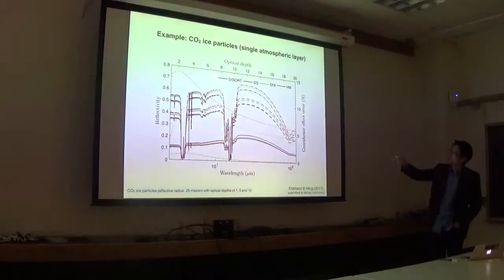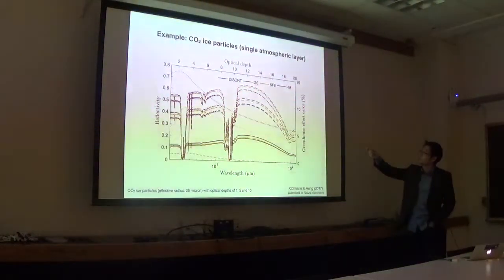The ground truth in this case is, again, the 32 stream calculation in blue. The calculation using our improved method is in red, and you can see they overlap very strongly. This Fortney Marley method is in yellow, and you can see it sits above the ground truth, and this is the regular 2-stream.